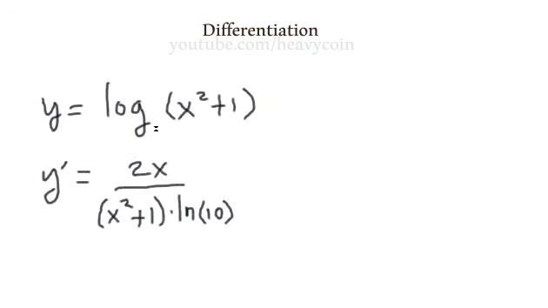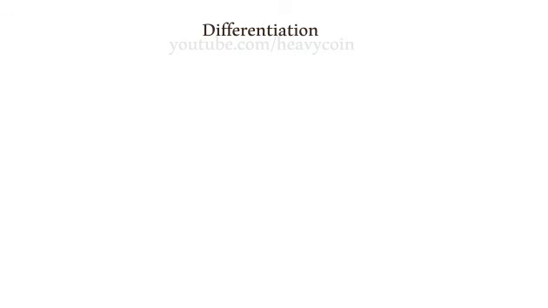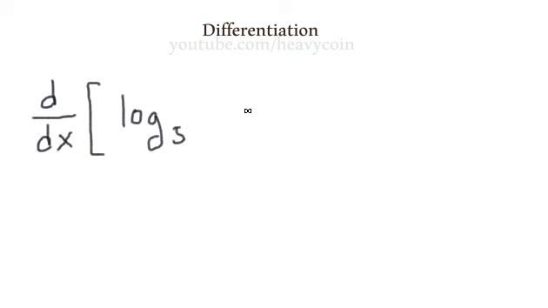Alright, let's do one where the base is different. The base is going to be different. Let's look at this notation. Right, so we're just using different notation, no big deal. This way, if you were asked something like this, you'll know what to do.